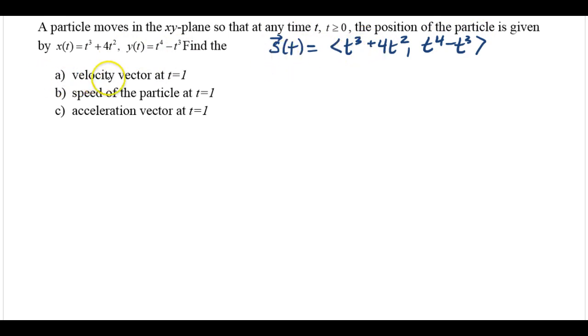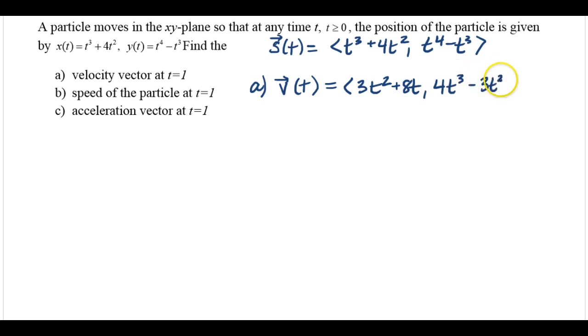For part A, I'm asked to get the velocity vector. That means I'm going to take the derivative of each component of my position vector. Each one only requires the power rule: 3t squared plus 8t, and 4t cubed minus 3t squared. And I want the velocity vector at t equals 1.